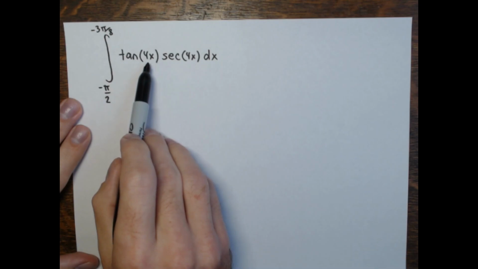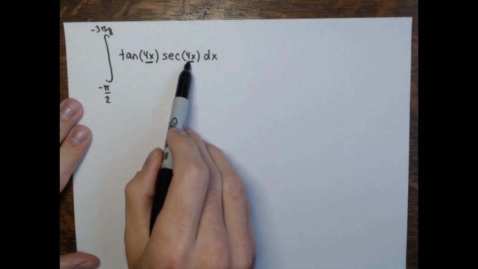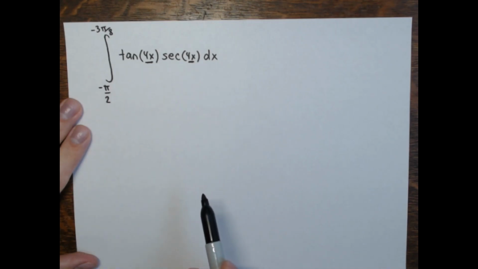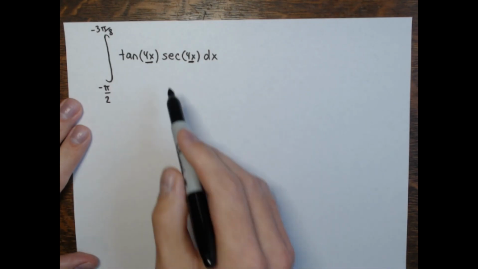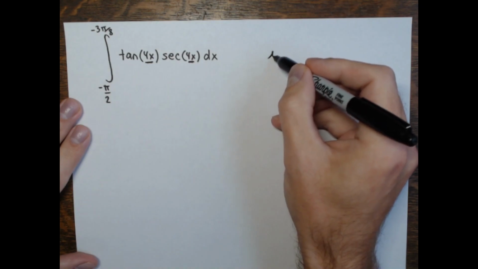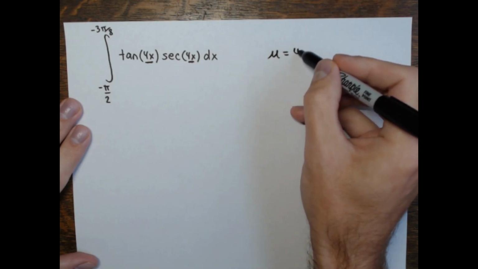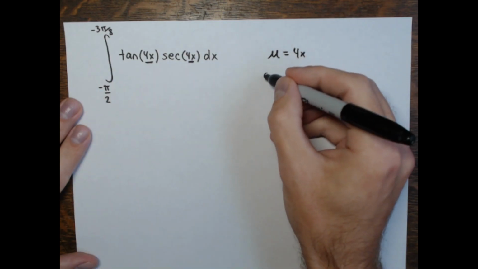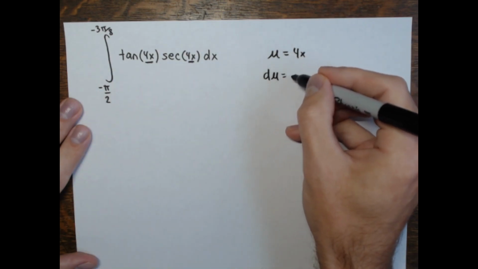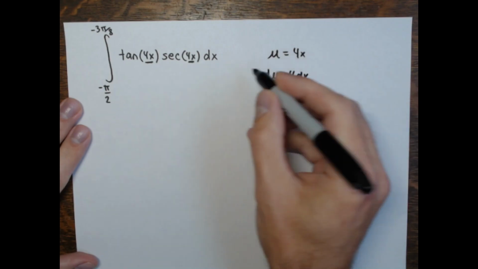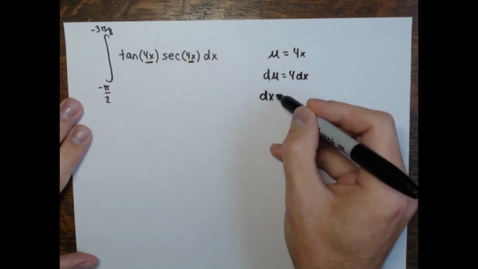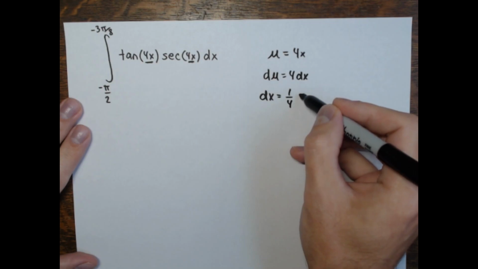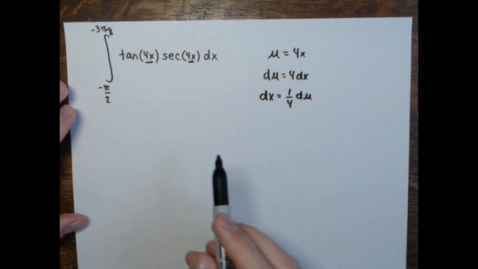Now, if you don't like having just 4x in here, maybe you'd rather have just t or u. I'll make a little u substitution. You don't have to do this. And I'm also going to change the limits. Then du would be 4 dx, so this dx would be 1/4 du.